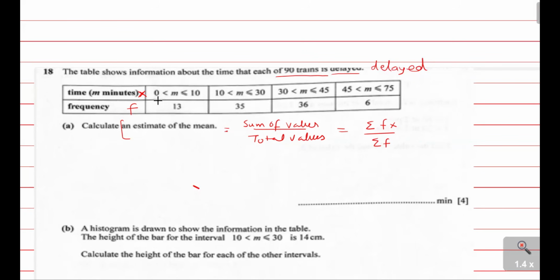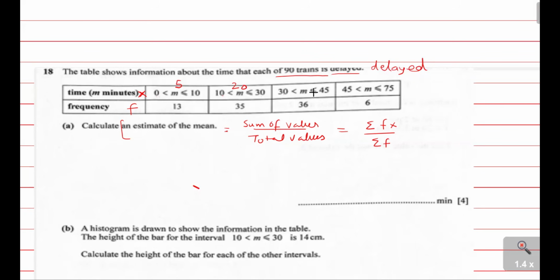Firstly, we will calculate the middle value of these class intervals. For this, we add the upper and lower limits divided by 2. Look here, 0 plus 10 over 2 is 5. 10 plus 30 is 40, 40 over 2 is 20.